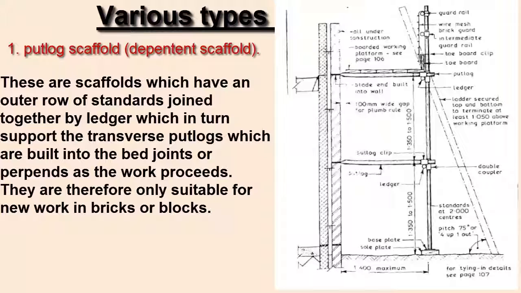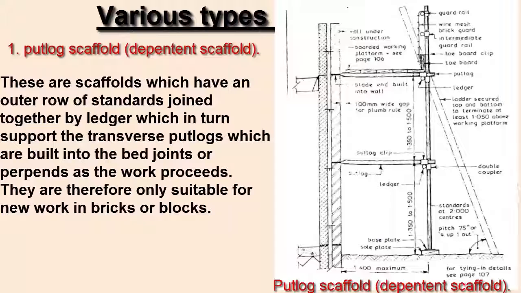It has a standard, a ledger, a put-log, a brace, all the parts we have mentioned, but one: the standard is a singular standard. It is not a double standard. So it means that it requires support from the wall.